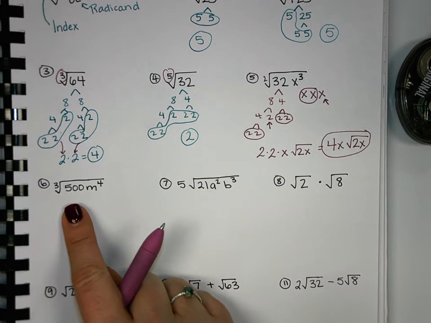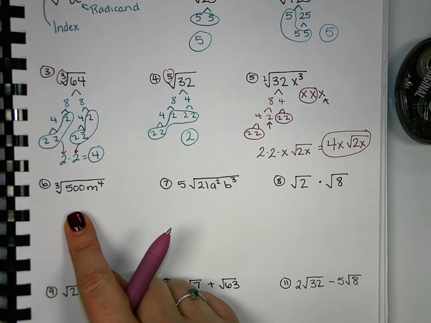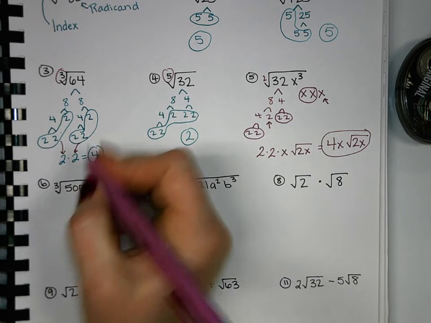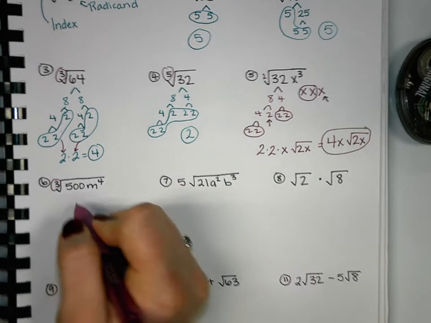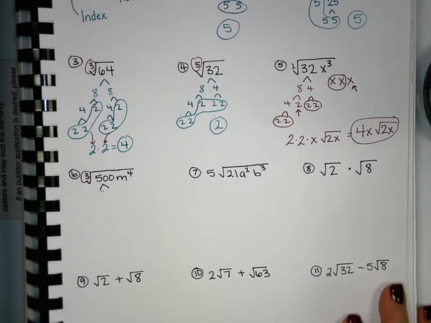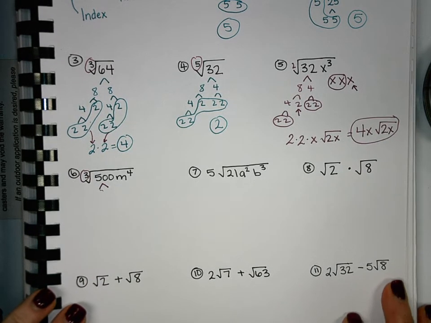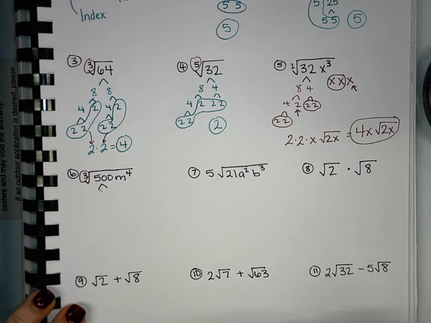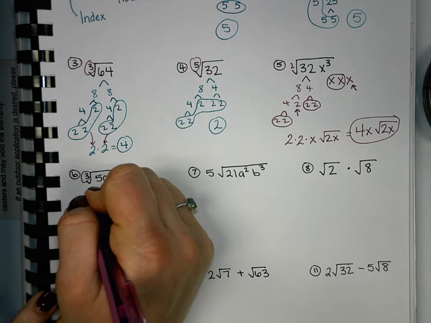So how many are going to be in our group for number 6? 3. We're looking for groups of 3. So then let's break down our number, 500. What 2 things multiply to 500? 5 and 100.